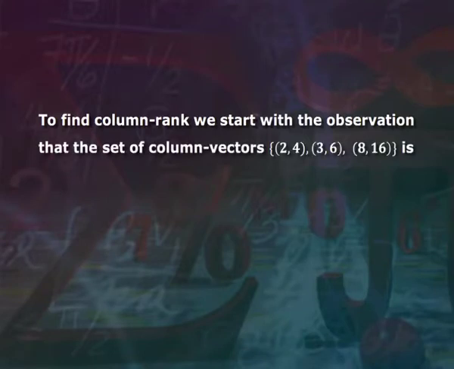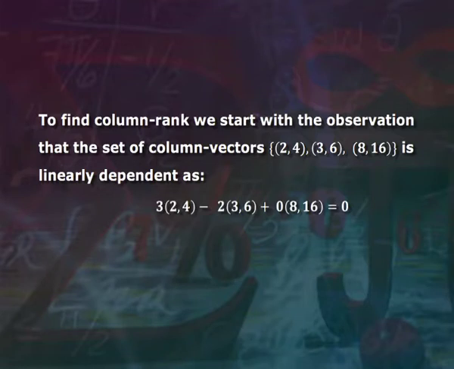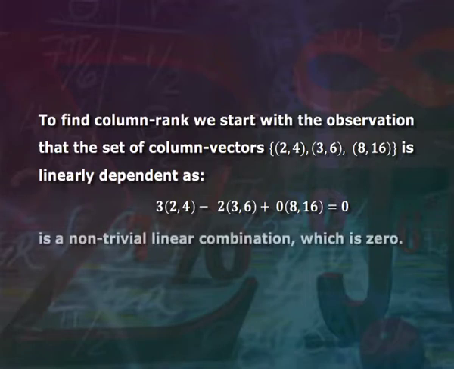To find column rank, we start with the observation that the set of column vectors, the set consisting of 2, 4, 3, 6, 8, 16 is linearly dependent, as 3 multiplied by 2, 4 minus 2 multiplied to 3, 6 plus 0 multiplied to 8, 16 is equal to 0, is a non-trivial linear combination which is 0.